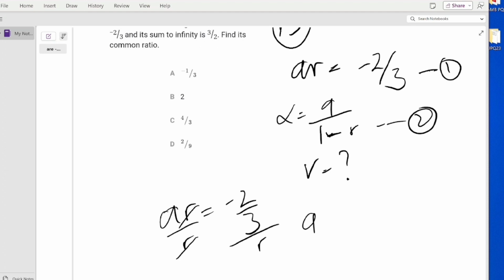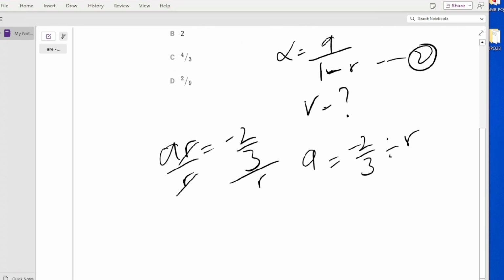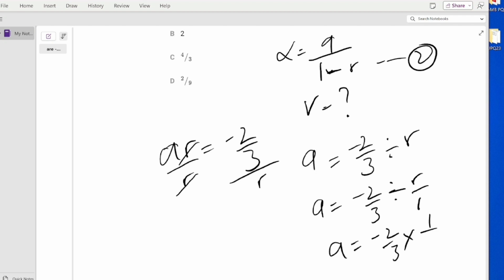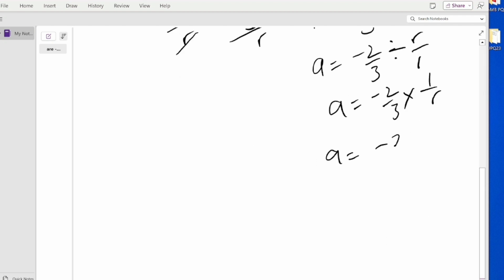Therefore, R cancels R, and A is equal to minus 2 over 3 divided by R, which is A equals minus 2 over 3 times 1 over R. A is equal to minus 2 times 1, which is minus 2, over 3 times R, which is 3R.